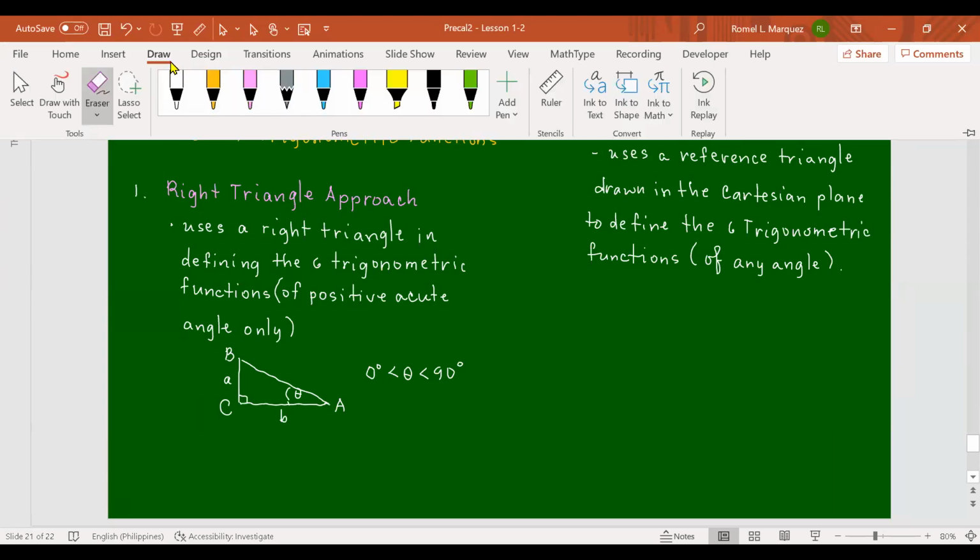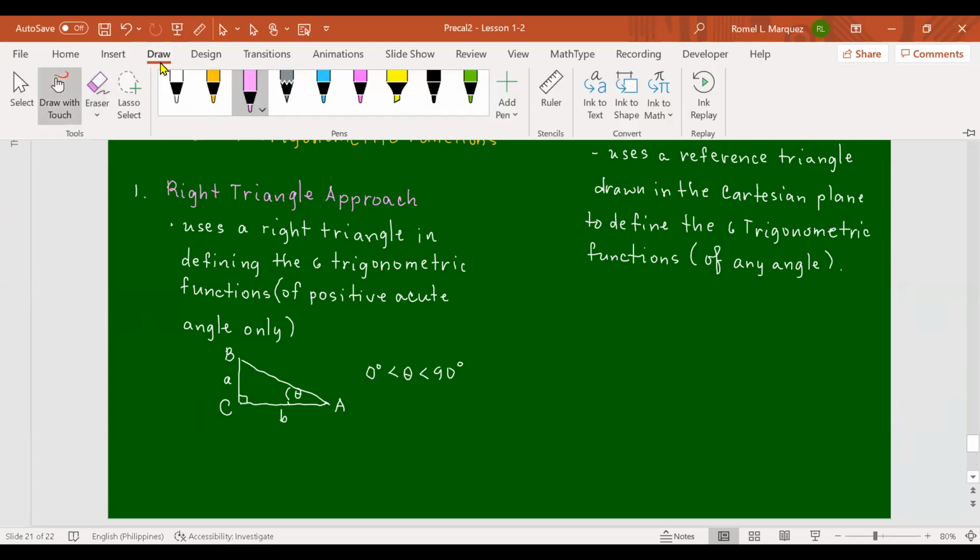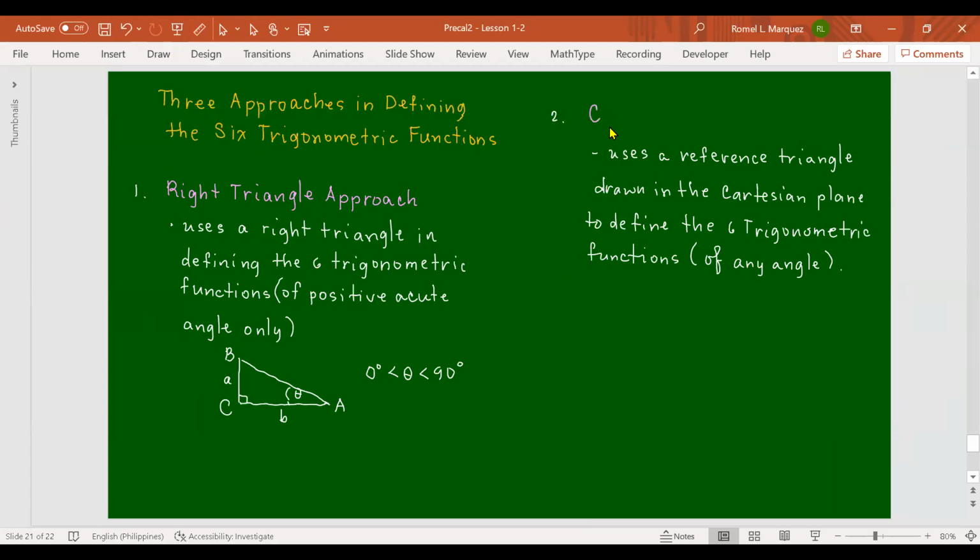A special case, it is covered there. So even without discussing the right triangle approach, proceeding immediately to the Cartesian plane approach is all right. But there are people who can easily understand if they begin with the right triangle approach, without first looking at negative angles and any angle in general, just the positive acute angle.